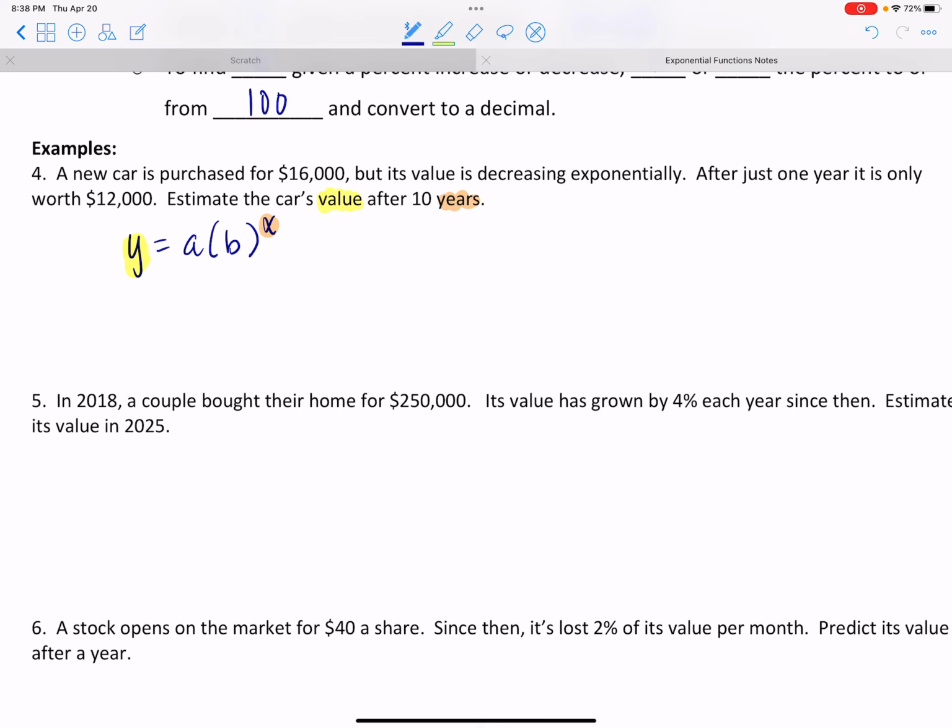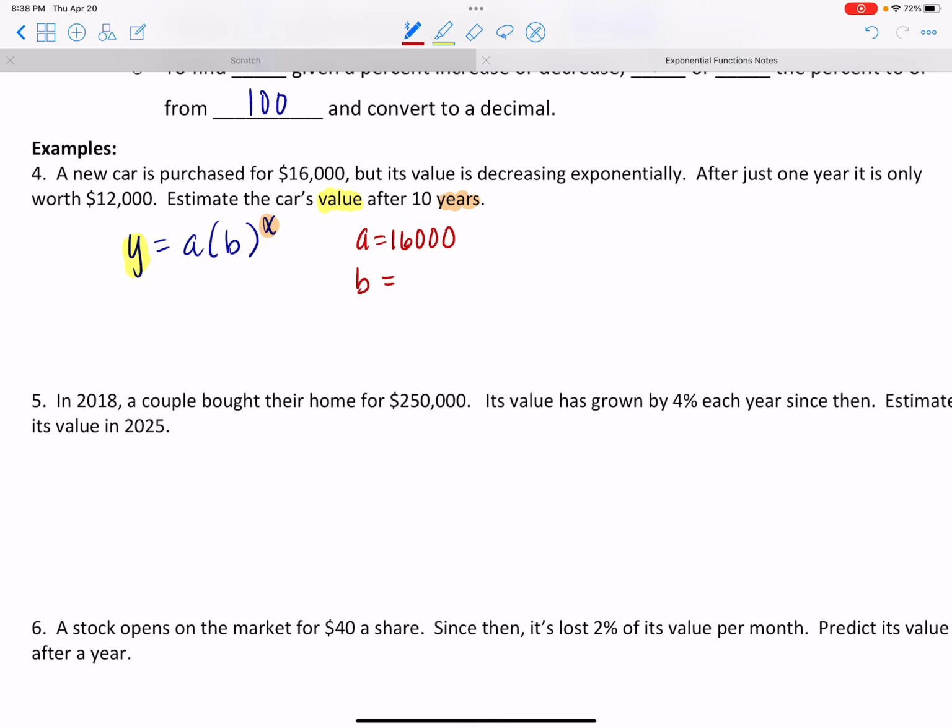Okay, so value. If I want to write my exponential model, I need to know two things. I need to know what is the starting value and what is the growth factor. What am I multiplying by to go from one output to the next? In this particular case, I know the starting value. Simple. They tell me that this car was purchased for $16,000. That's my a. And I can find b with division.